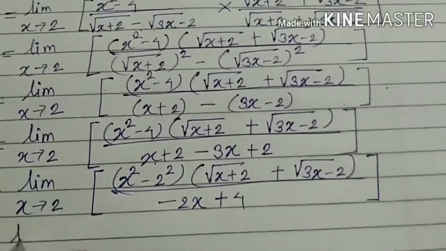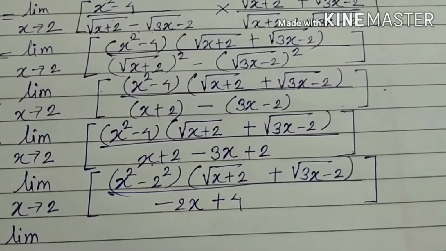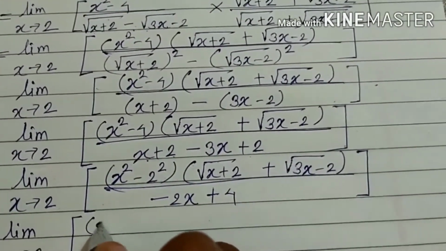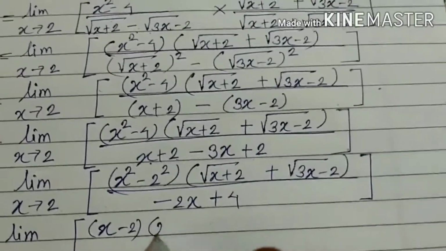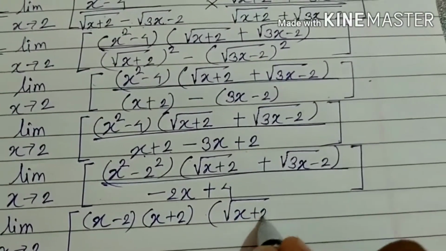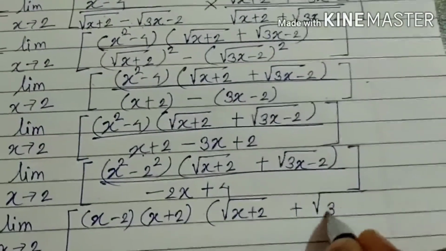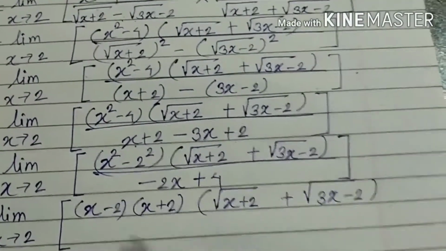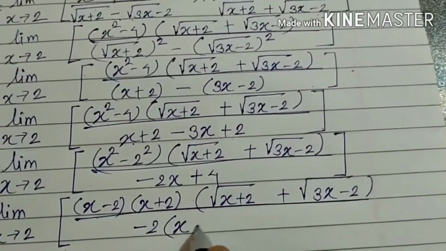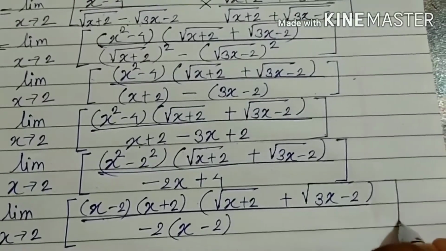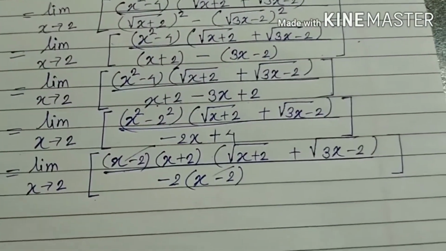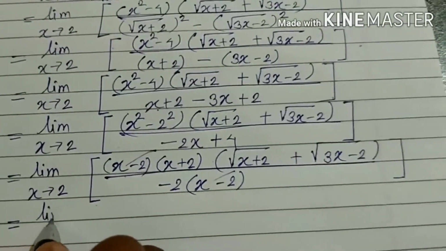Now in the next steps, it is like a square minus b square, so x minus 2 and x plus 2, and the remaining as x plus 2 plus root 3x minus 2, and take minus 2 common, so we get x minus 2. Okay. Now you can observe that this x minus 2 and x minus 2 get cancelled, so write remaining terms.